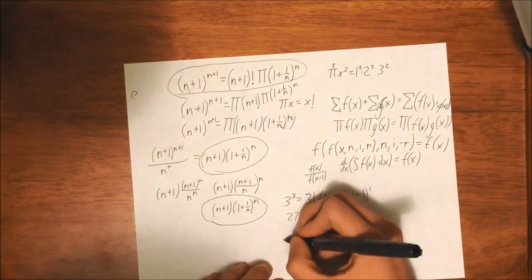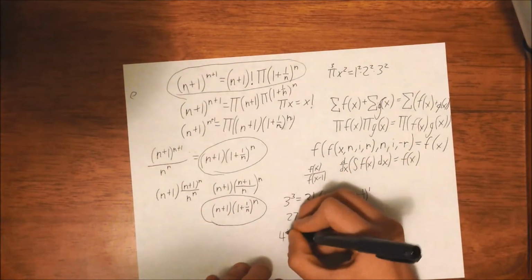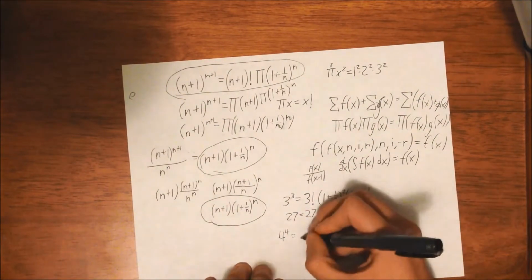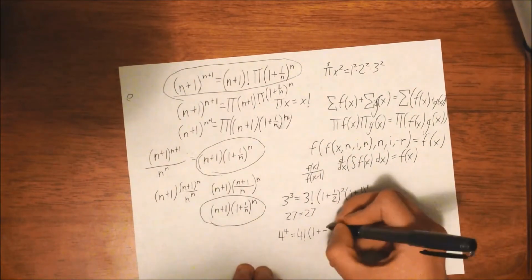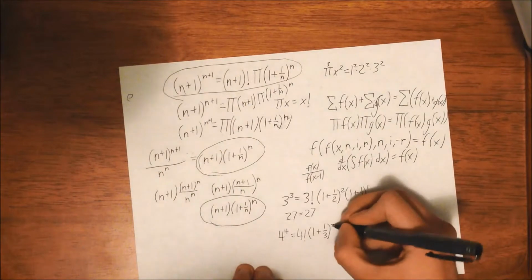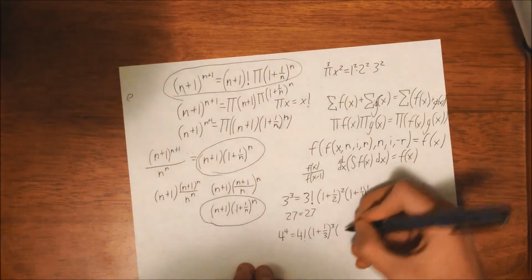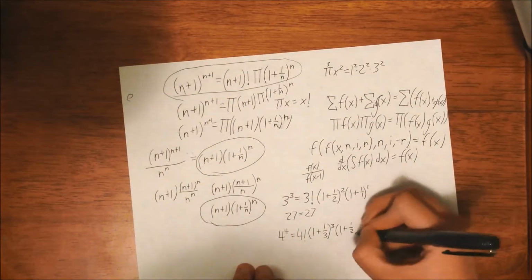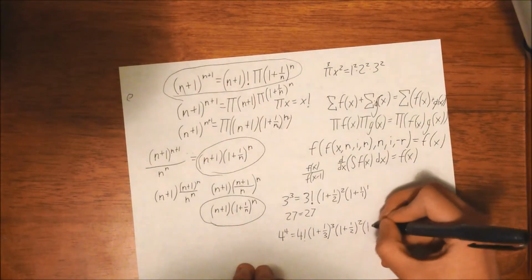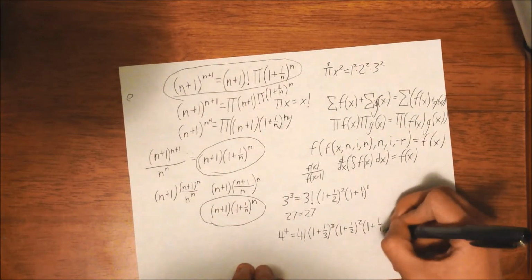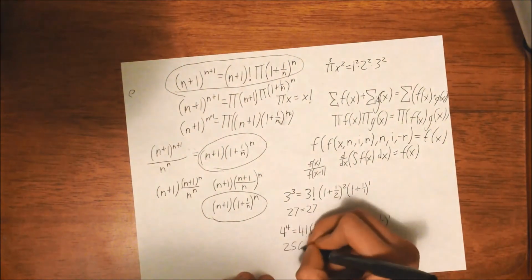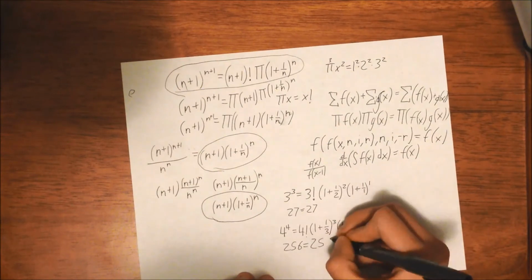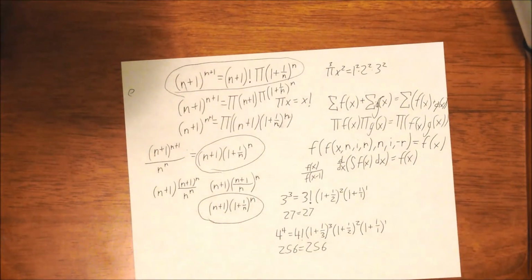And 4 to the 4th power is equal to 4 factorial times (1 + 1/3)^3 times (1 + 1/2)^2 times (1 + 1/1)^1. Because 256 equals 256. And that works for any value of n.